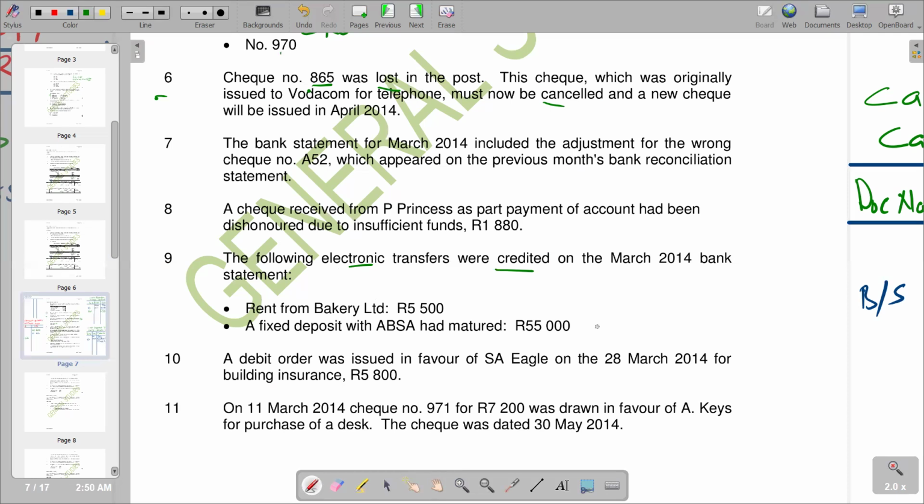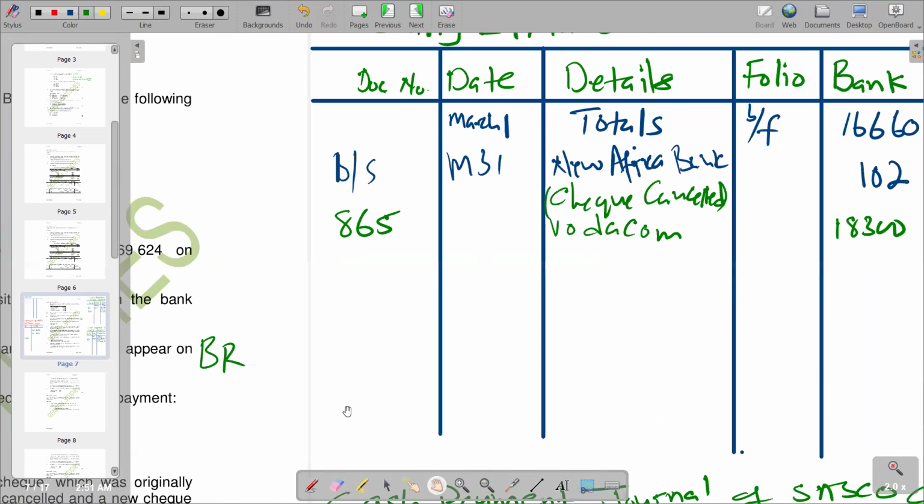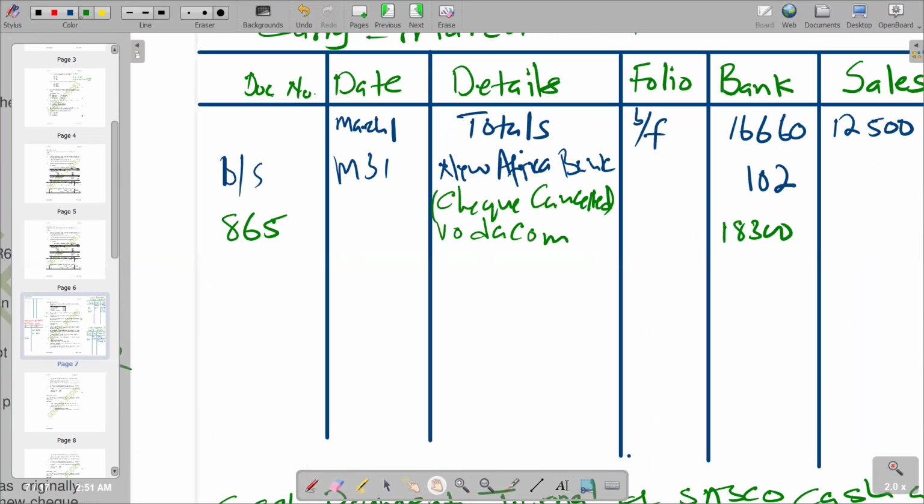So we go to the cash receipts journal and we put 5,500, and it's for Baker Limited. And then the other one is for Absa, and it's 55,000. So we just need to put them under cash receipts journal. We come here and we say BS as a reference, and then we say details.